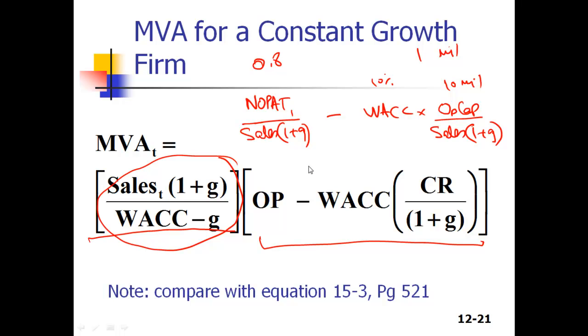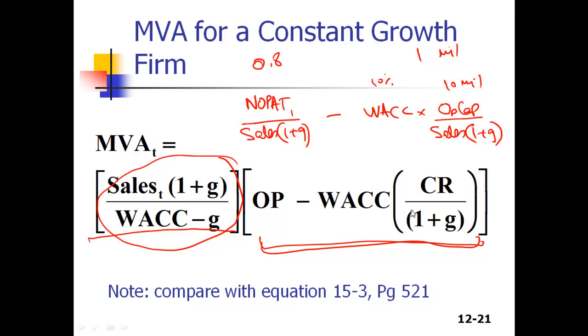Even though on your income statement you will see that there is an operating profit of 0.8 million, that 0.8 million is less than the cost associated with having $10 million worth of capital. So notice then this overall expression becomes negative and market value added is destroyed.